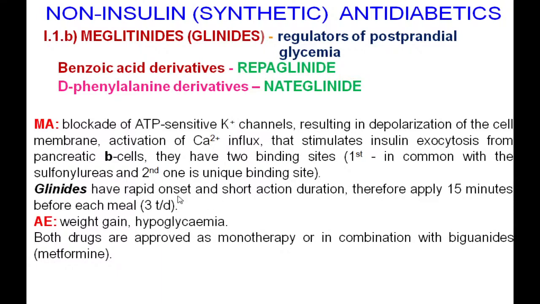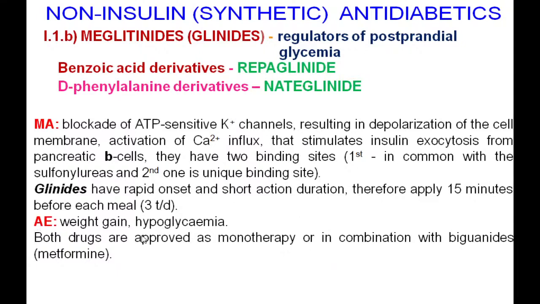Glinides have rapid onset and short action duration. Therefore, apply 15 minutes before each meal. A patient takes the drug 15 minutes before meal, and this causes insulinemia for 3 to 4 hours, essential for utilization of postprandial hyperglycemia.